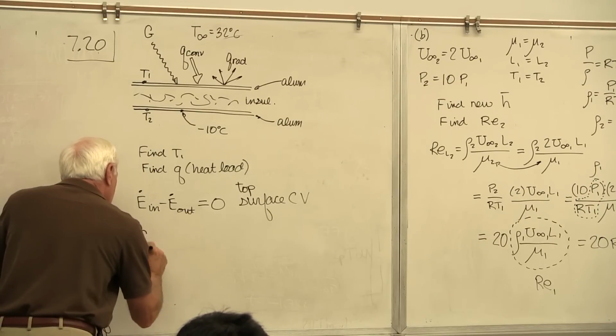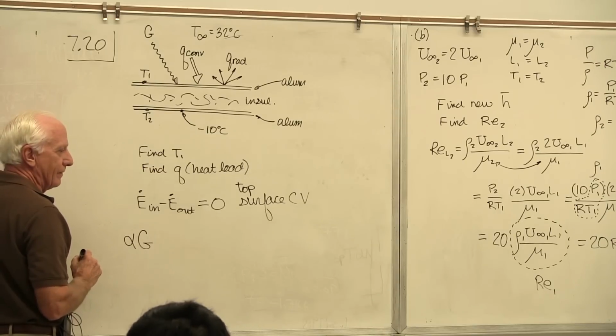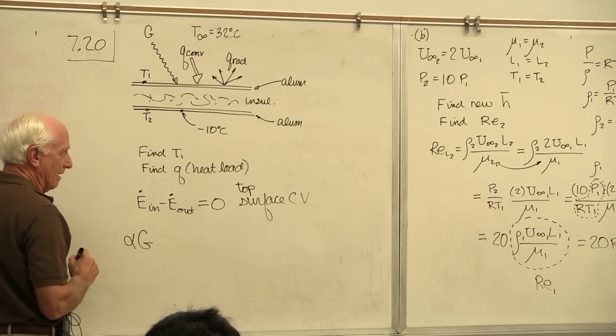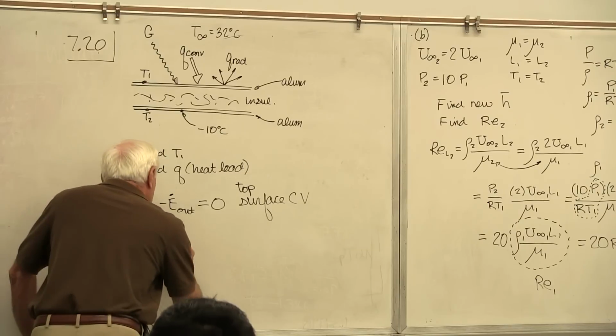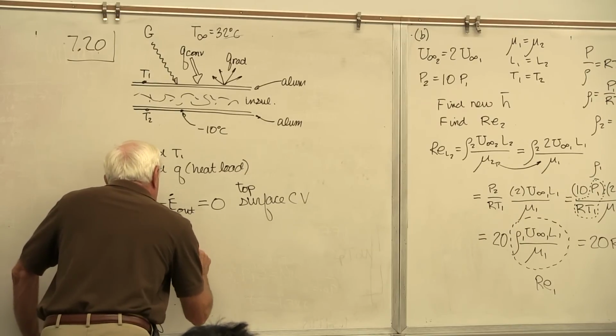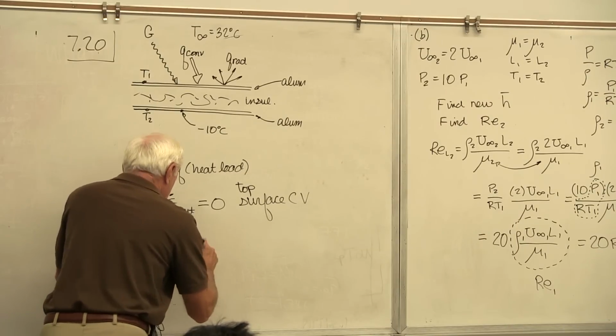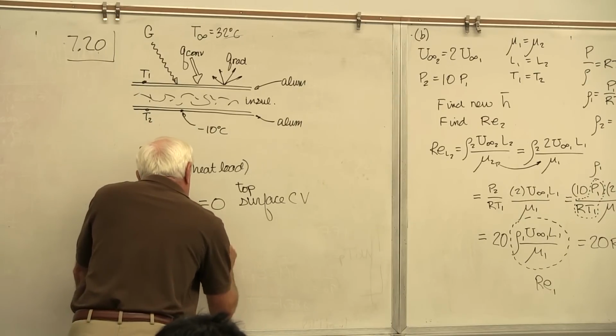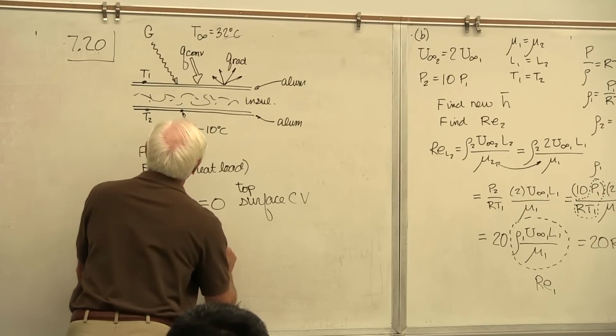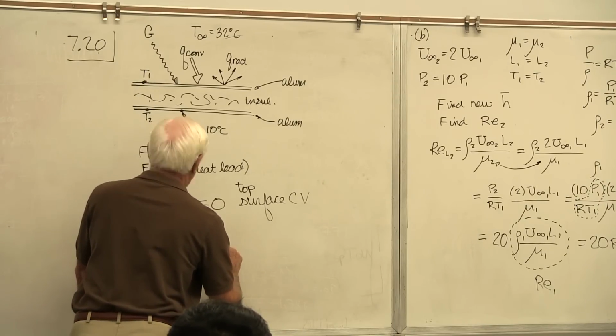Alpha G, absorbed radiation. He gave me alpha, I know alpha. What else comes in? Convection, okay. H times the area, I'm going to do this on a per square meter basis, so H times T infinity minus T1.